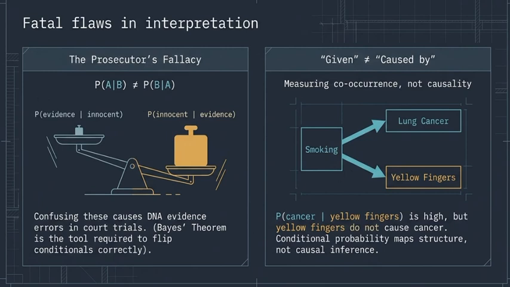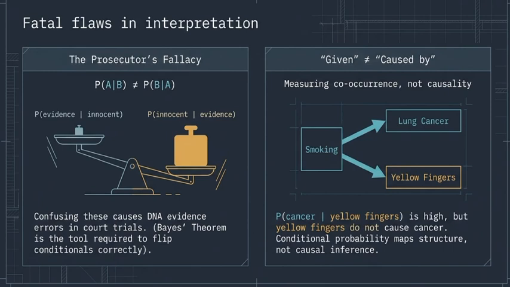Moving on forward. Flaws in interpretation means where you can make mistakes. First thing, there is the prosecutor's fallacy, which says that the probability of A given B is not at all equal to the probability of B given A. So keep it in mind. The second thing is that probability of B equal to zero makes probability of A given B undefined. You cannot condition on a zero probability event in the classical sense.